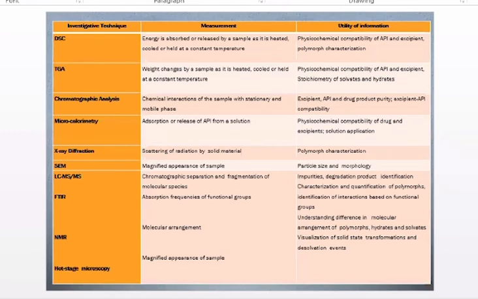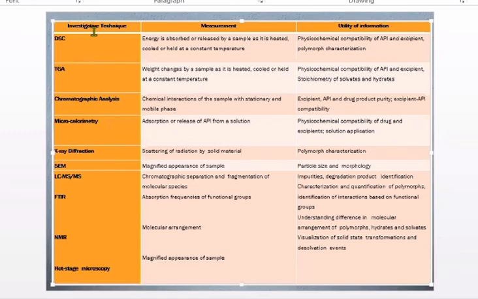But there's a table at the end there, just to demonstrate what kind of information you are going to be getting from this. In this column, I've got the investigative technique, and then in the middle, the measurement, and then utility of information.